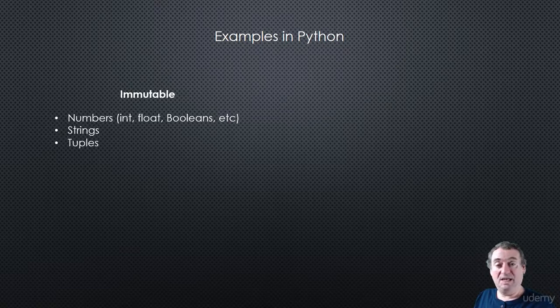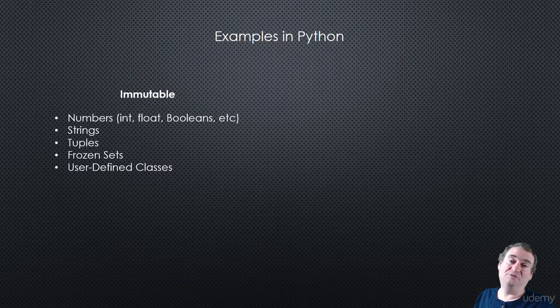The tuple is immutable in the sense that you cannot add or remove or replace elements in that container. Frozen sets, which we'll look at in a lot more detail in this course, are also immutable objects. And of course, user-defined classes can also be immutable. If you define your own class and you don't allow for any way of modifying the internal state of that object, you've created an immutable object.